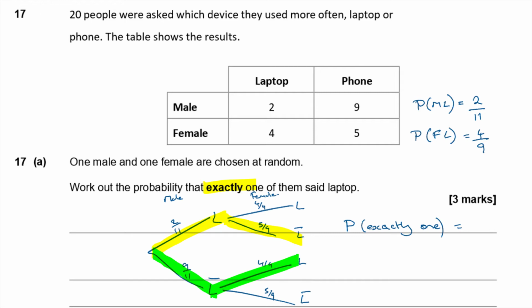Okay, so it's those two branches, isn't it? So it's going to be the branch laptop, not laptop, or, which is plus in the land of probability.